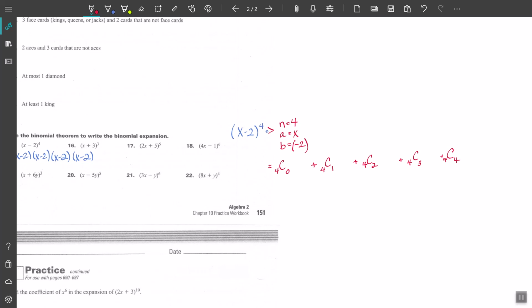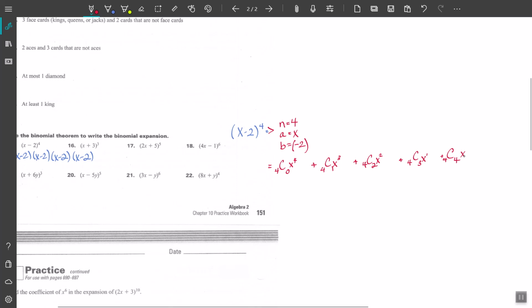Before we do the factorials to find the actual number for the constant, let's go through and do our a term. My a term is going to sit here next to my constant. And now I'm going to set that equal to the fourth exponent. And then I'm going to do it again on the next constant, but I'm going to drop it down by 1 degree, and so on and so forth until I get down here.